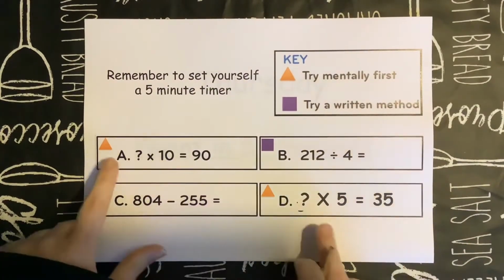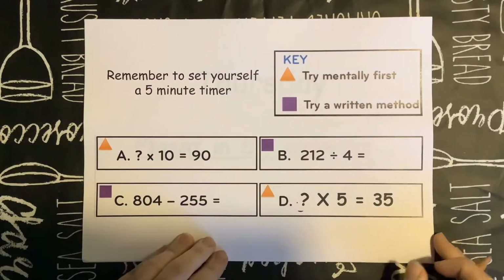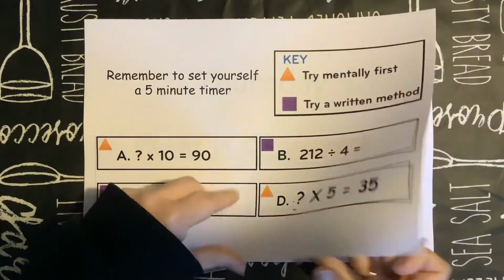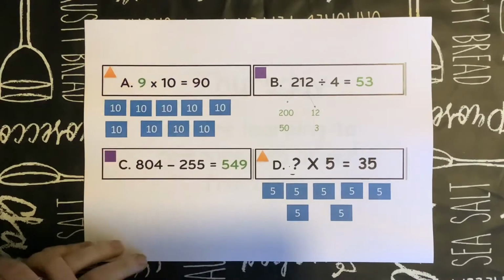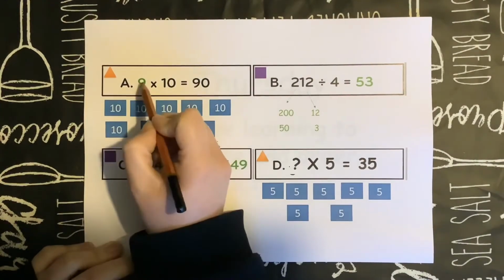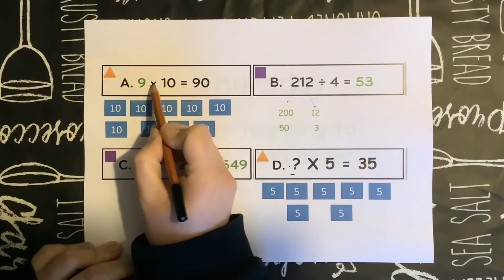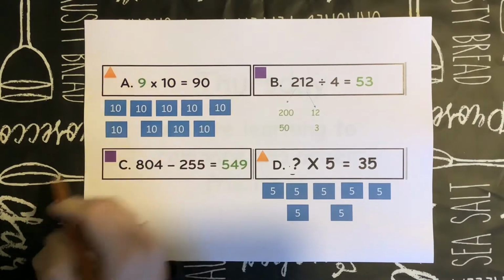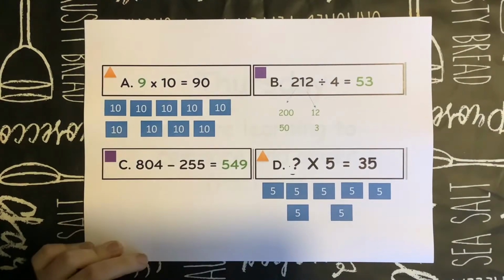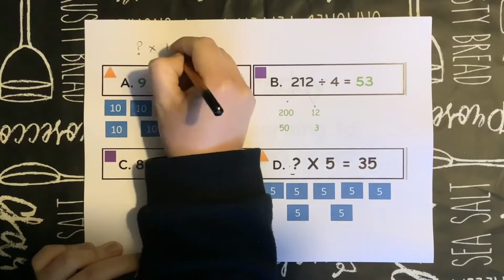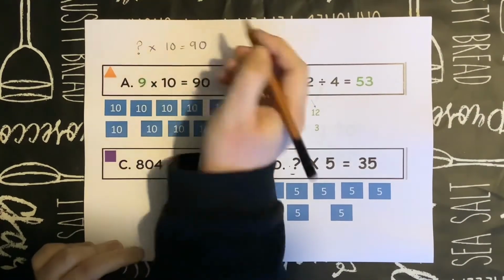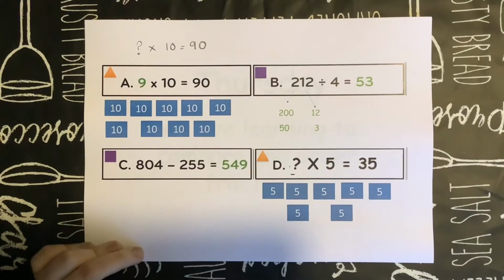So there's a couple of missing number ones here, so let's go through it and see if we can work out the answers. If you have something times 10 is 90, that means something groups of 10 is 90. I don't know how many groups I've got.